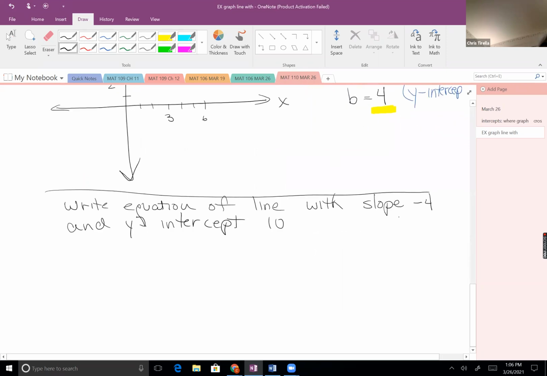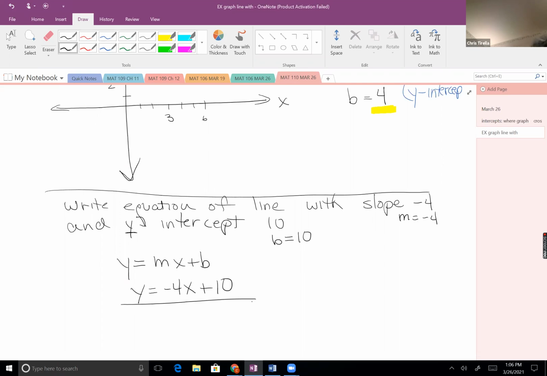Well, if I'm given the slope, I know m. And if I'm given the y-intercept, I know b. And so I can just go right to my y equals mx plus b and substitute. And so hopefully those questions are straightforward enough, not too difficult.